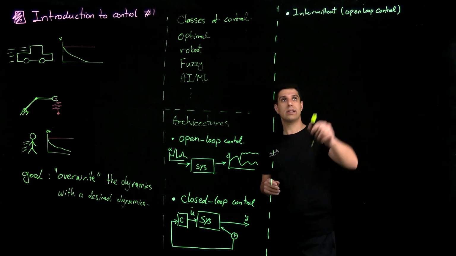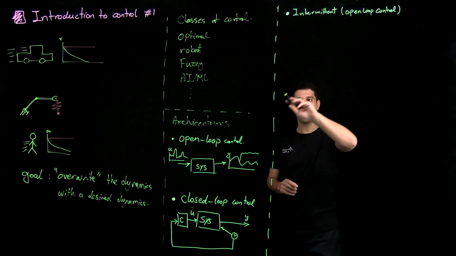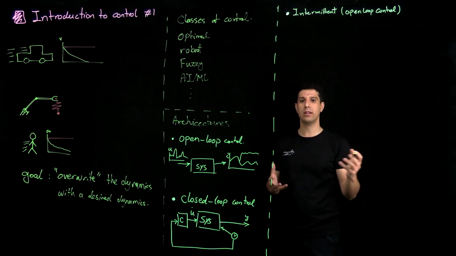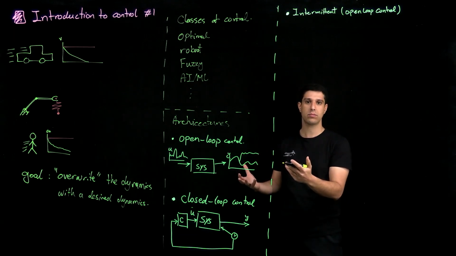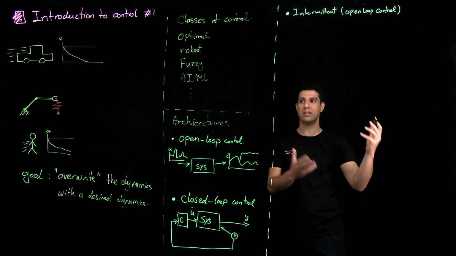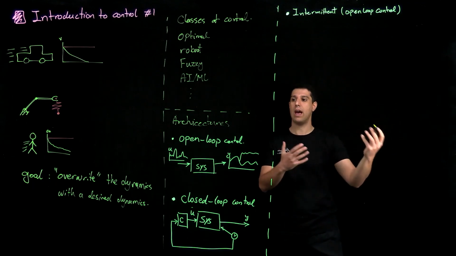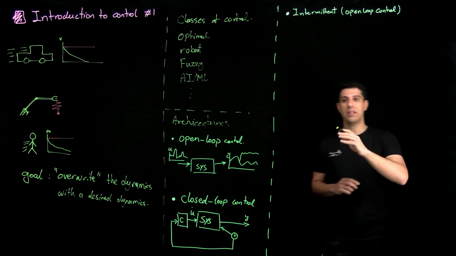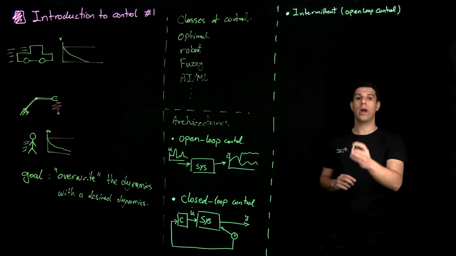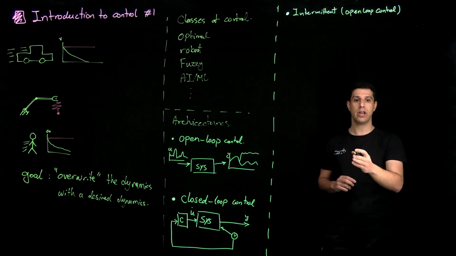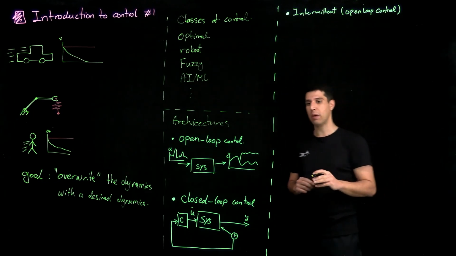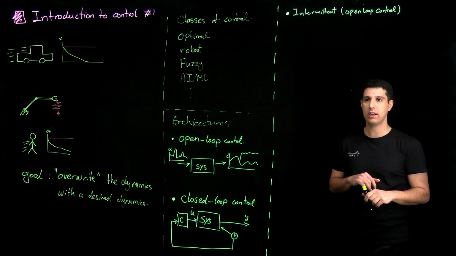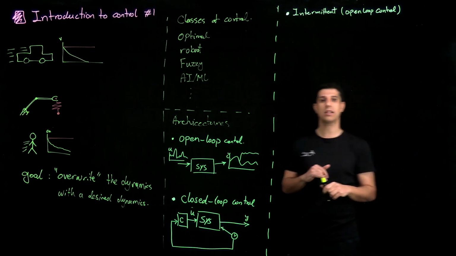What you can do, an example of this, is wait for your system to reach a certain threshold and then activate something, and your system behaves until you reach another threshold and you change your course of action. So this concept of intermittent, that you apply, wait until something happens, you change your action, and then wait until something else happens. A very good example is most of the thermostats at homes.